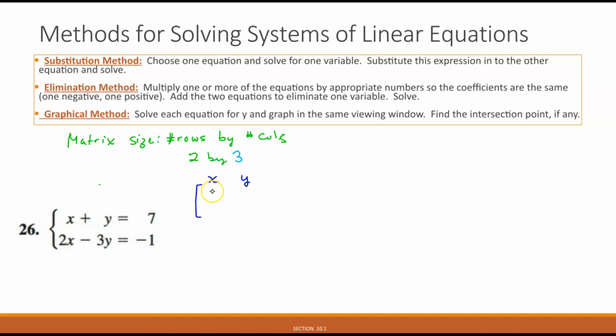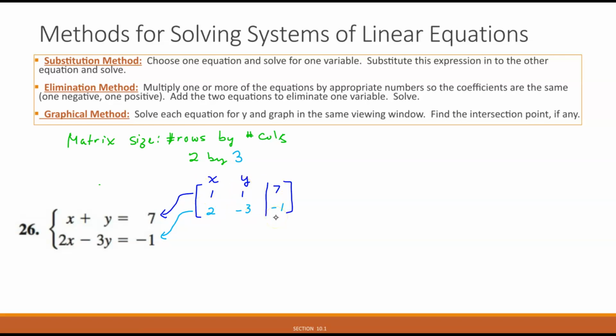For equation 1, the coefficients are 1, 1. This vertical line represents the equal sign, and then we have 7. Then we have row 2: the coefficient of X is 2, the coefficient of Y is -3, and the other side of the equal sign is -1. So that's our 2 row by 3 column matrix.